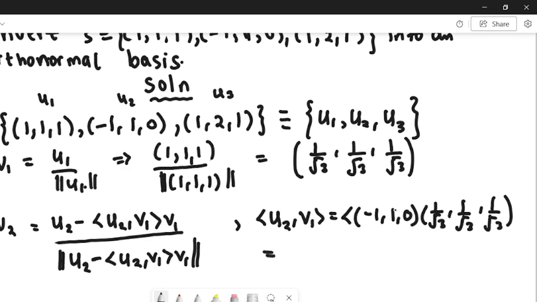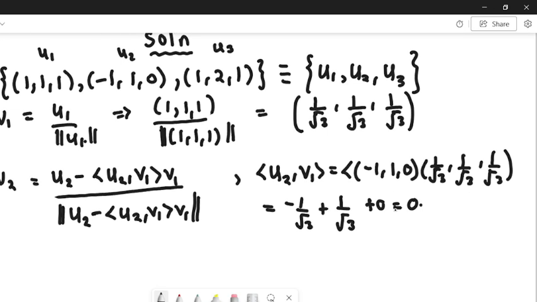If you get the inner product, it's going to be negative 1 over root 3 plus 1 over root 3 plus 0, which is basically 0. So you're multiplying 0 by V1, which is basically 0.